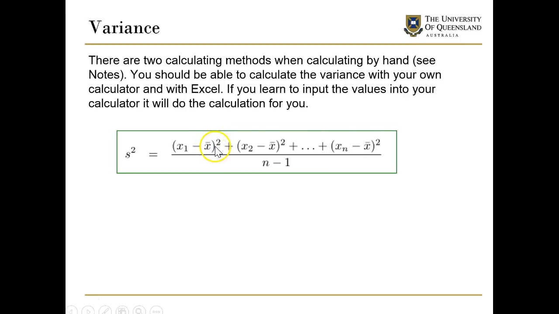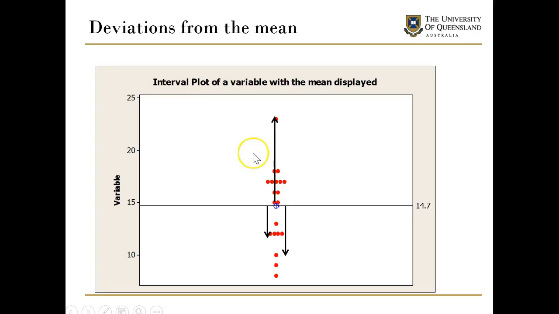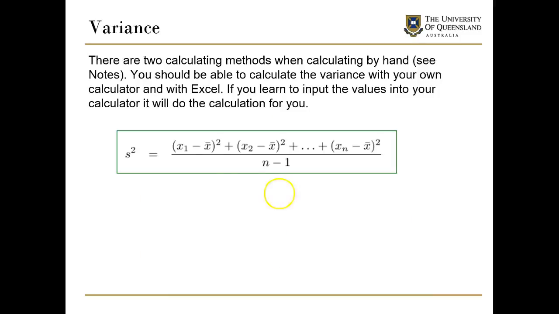Now you might wonder why we're squaring them, and I hope that if you think about this, if you added up all these positive deviations and then added up all these negative deviations and put them all together, it would sum to 0, because you've got as many above as you have below. And so if you summed up something and you want to get an average deviation, it's not very useful to sum them all up and they're equal to 0, because you can't get an average. However, if you look at the variance formula, it takes those deviations and squares them.